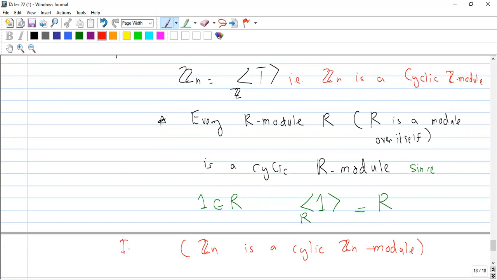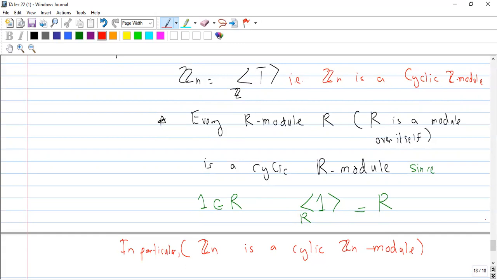So Zn has two module structures, Zn could be considered as a Z module, and Zn could also be considered as a Zn module. And both modules are cyclic modules. But later on, we will see that as modules they are different.